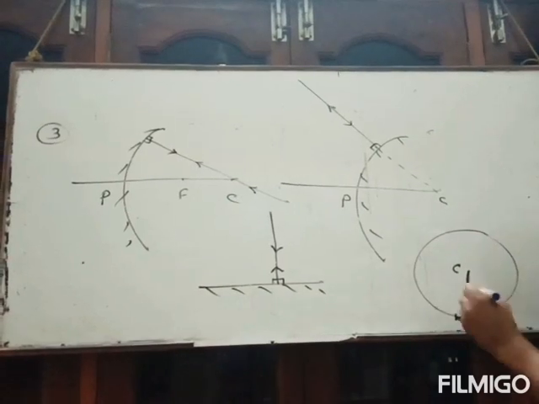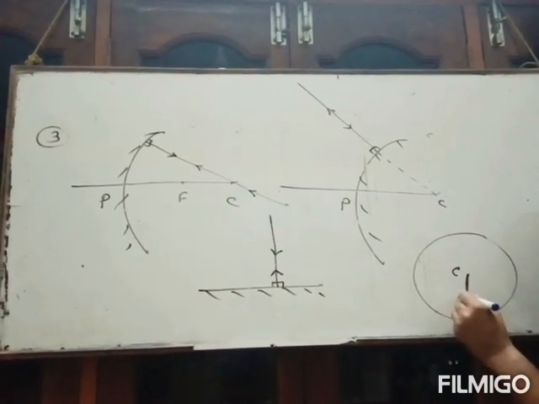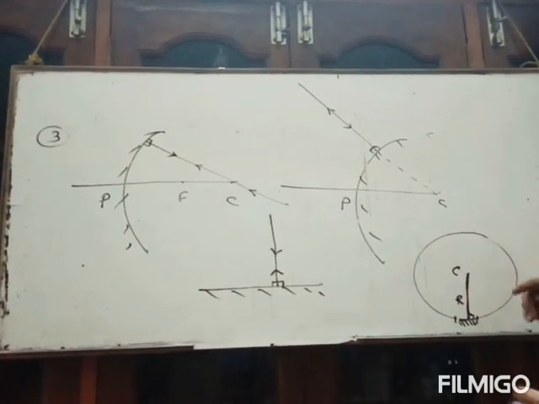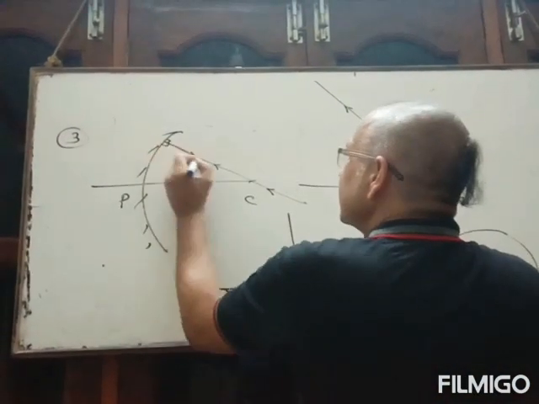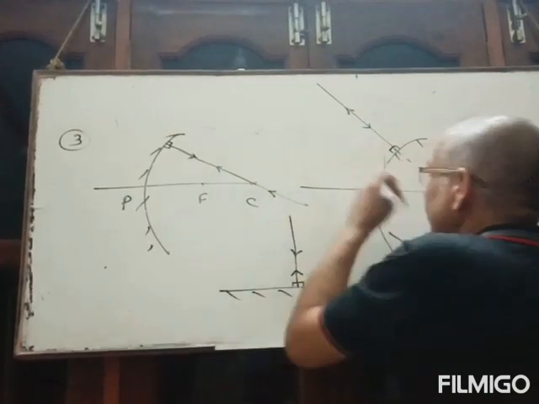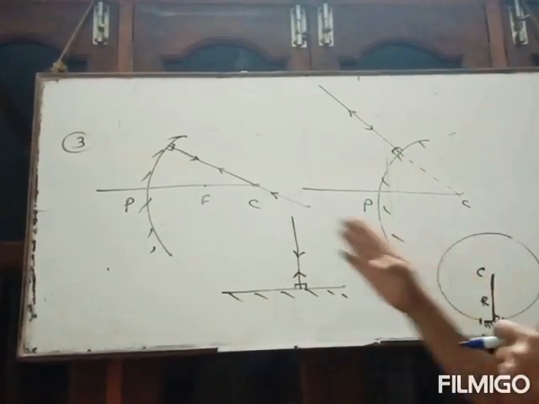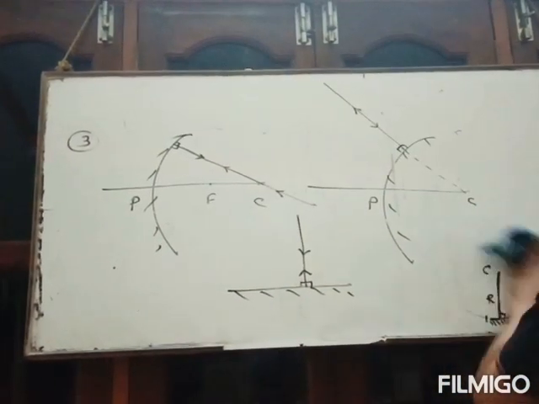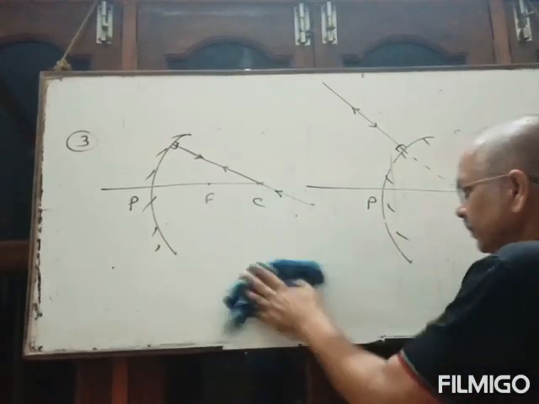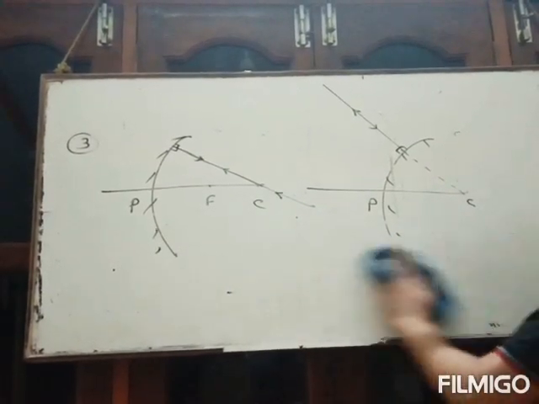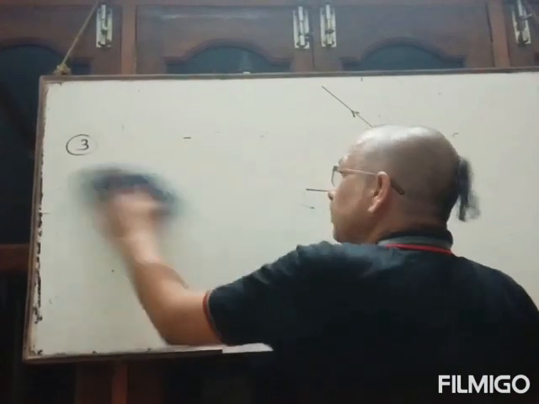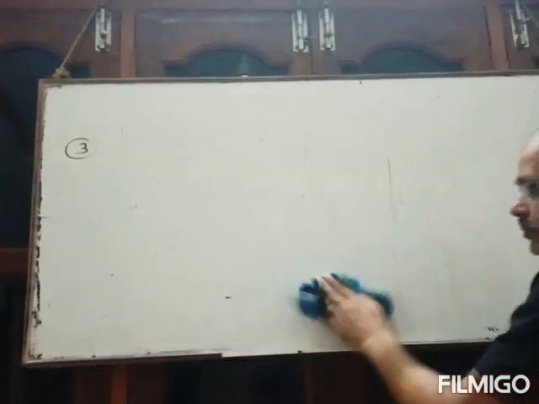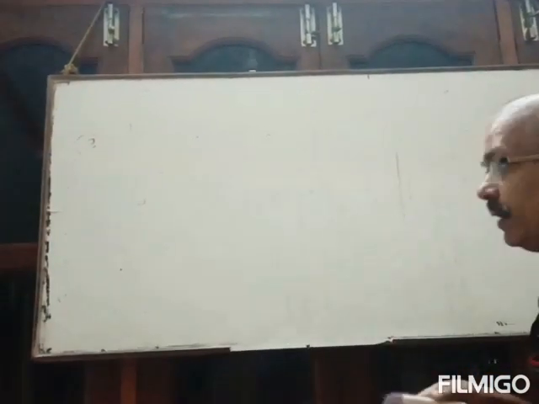We might have studied this theorem in class 9. So since it is the radius, and this small segment may be supposed as a tangent because its size is very small. So this holds valid when the size of the mirror is very small. In complete optics, mirror or lens, both are supposed to be small. That's why when light passes through the center of curvature, it retraces its path.